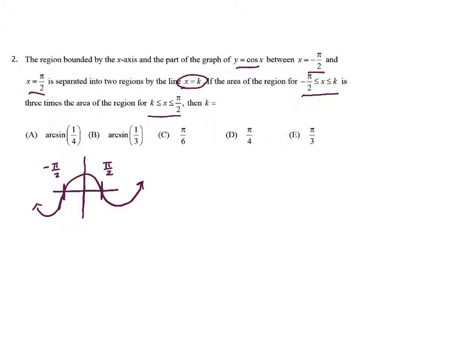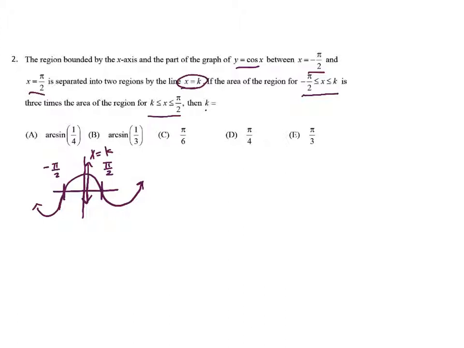So I know somewhere I've got this line x equals k. Now I know it's over here on the positive side because k is positive, right? x equals k. So you know it's on that side somewhere. Does that make sense? All right, so let's look at how it's set up though. It's telling me that that line x equals k divides this up to where one part is a third and the other's 2/3, basically.